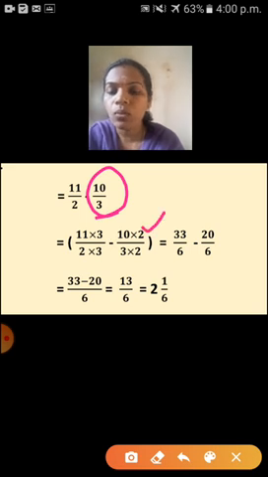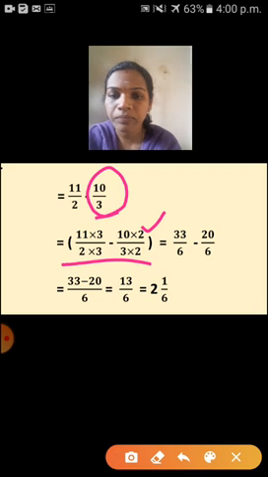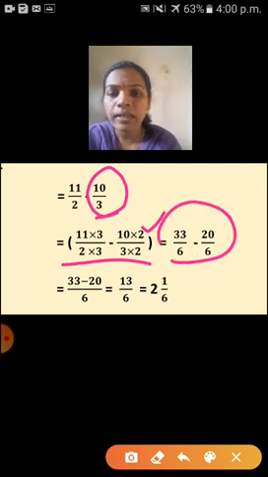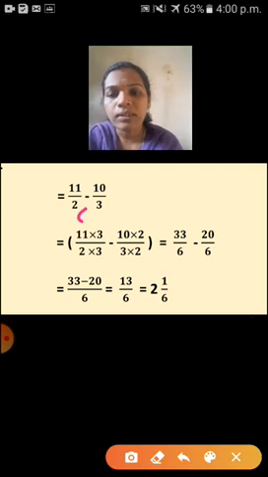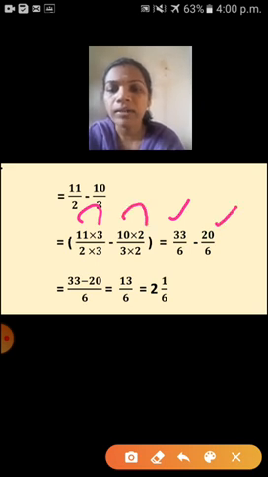So 10 into 2 upon 3 into 2. So understood this step? Next step, what you have to write? Yes, you have to multiply and write. Okay. So see here, 11 3s are 33 upon 6, minus 10 2s are 20, 20 upon 3 2s are 6.